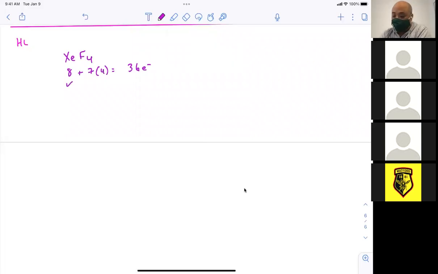Now, Xe is an octet, F needs an octet, so we draw it out. And we give everything an octet. But if we look at this octet, the issue is we only have 32 electrons in our test structure, which means we don't have enough electrons, which means that we have an expanded octet.